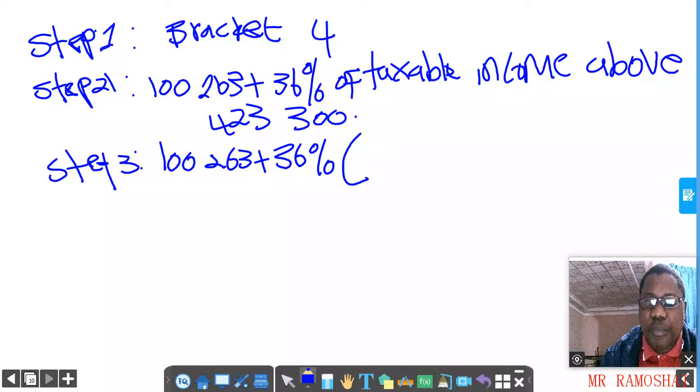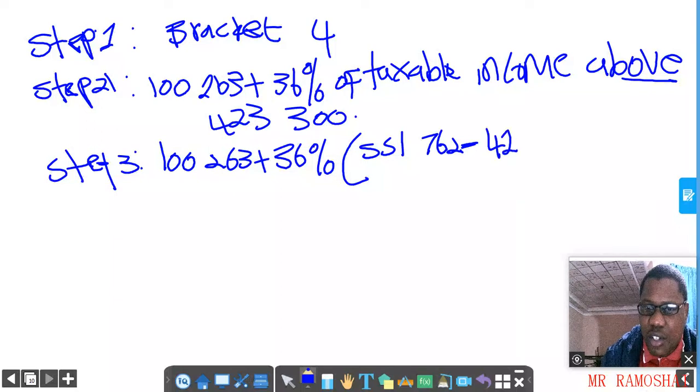How much was the taxable income that we used? Remember, we substitute with the amount that you used to identify the tax bracket. So the amount was 551,762. Then we write minus. Do we substitute this amount? No, we just write it the way it is, 423,300. Then we close the brackets.